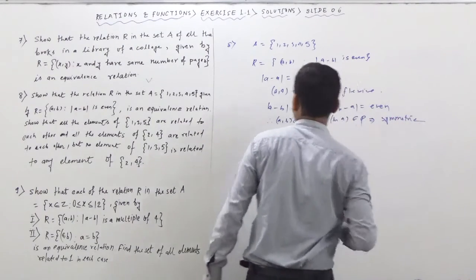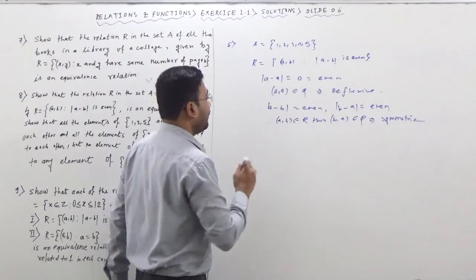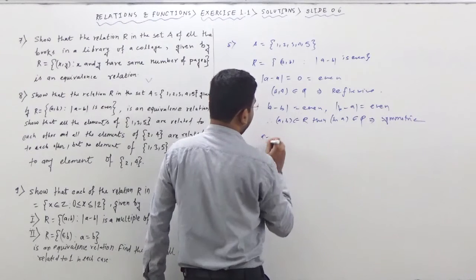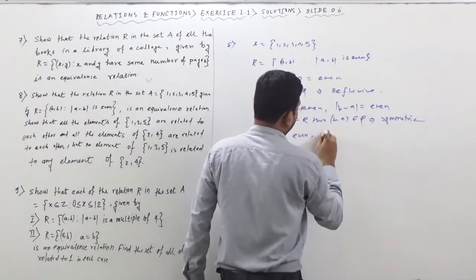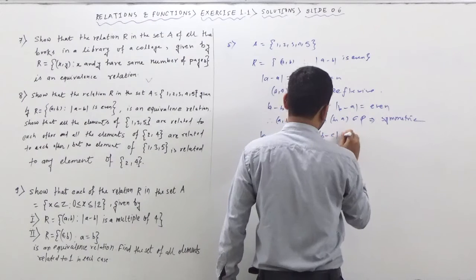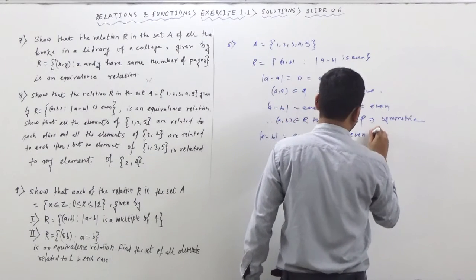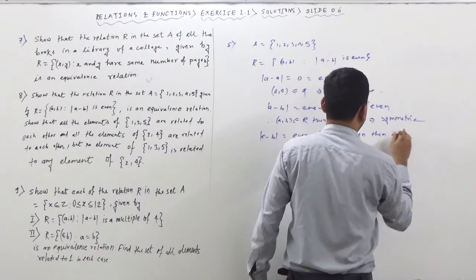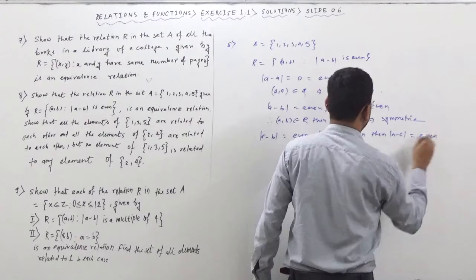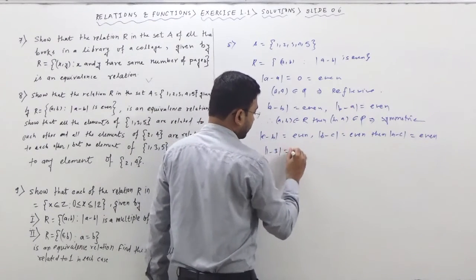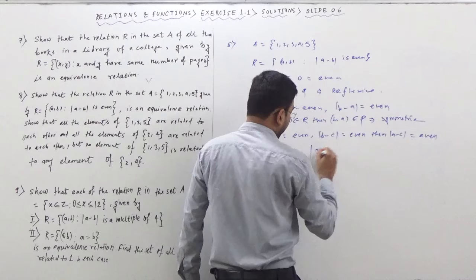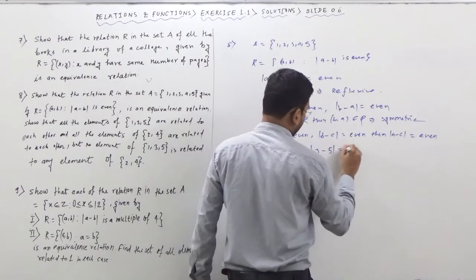Now we'll check it for transitive relation. How can we check it for transitive relation? Let's say A minus B is even, and B minus C is also even. Then can you tell me what will be A minus C? That is also going to be even. For example, 1 minus 3 is 2, 3 minus 5 is again 2.